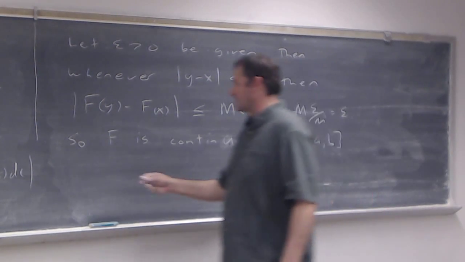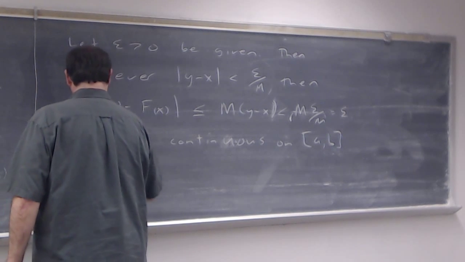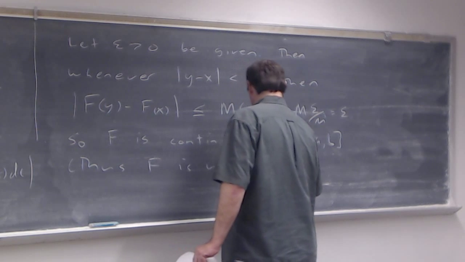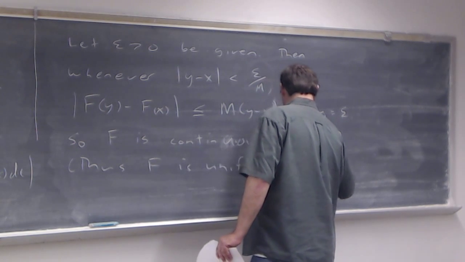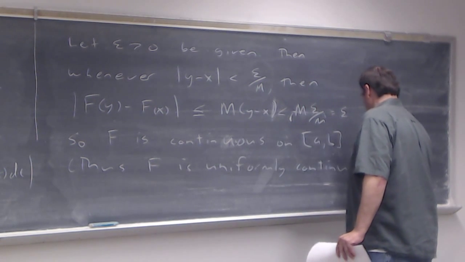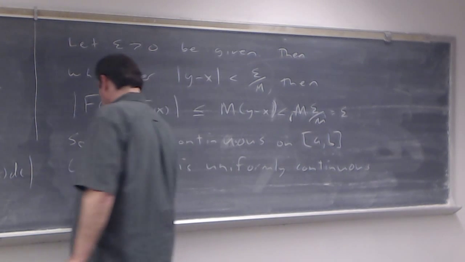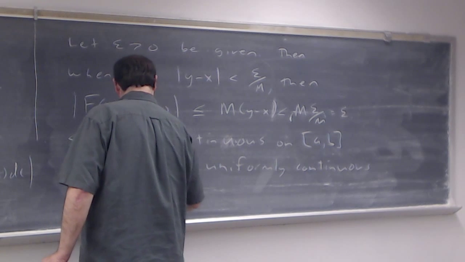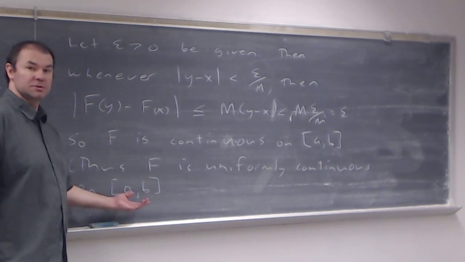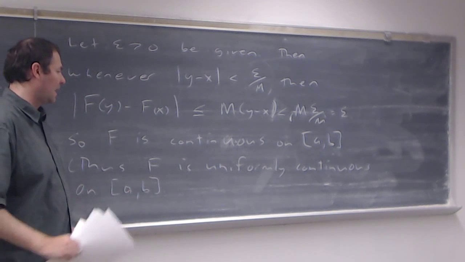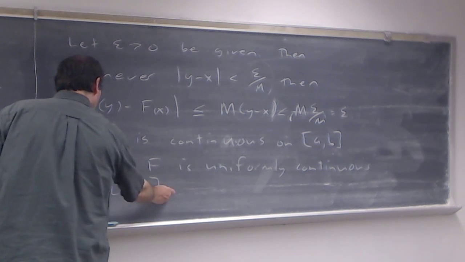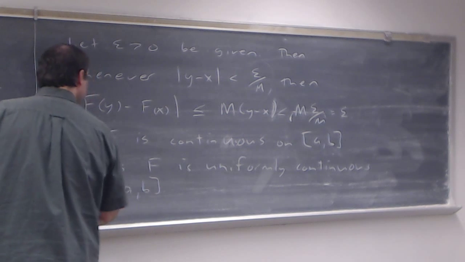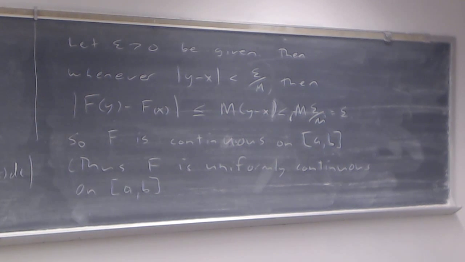And really, what that says then is that big F is uniformly continuous on [a, b], a stronger conclusion, because continuity on a closed, compact set implies uniform continuity. Okay, the next thing we need to show is about the derivative of big F.